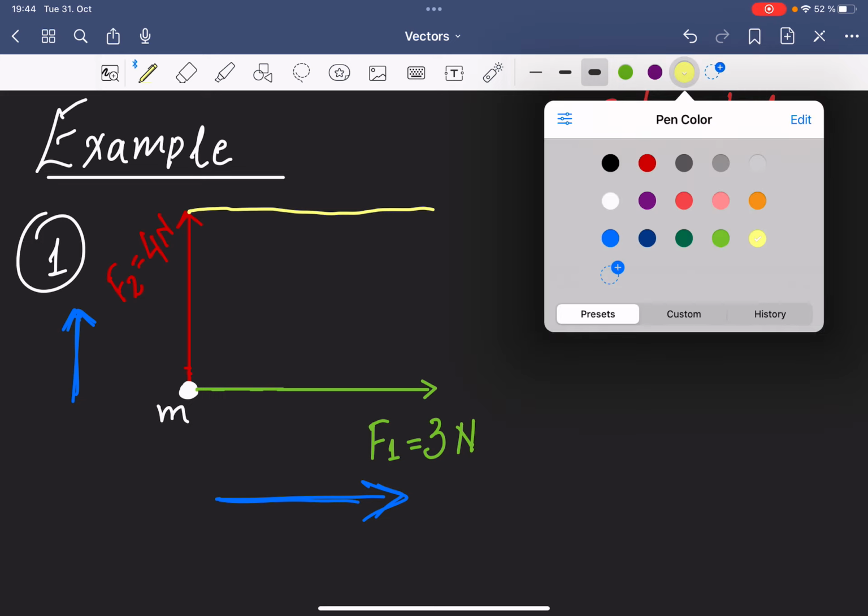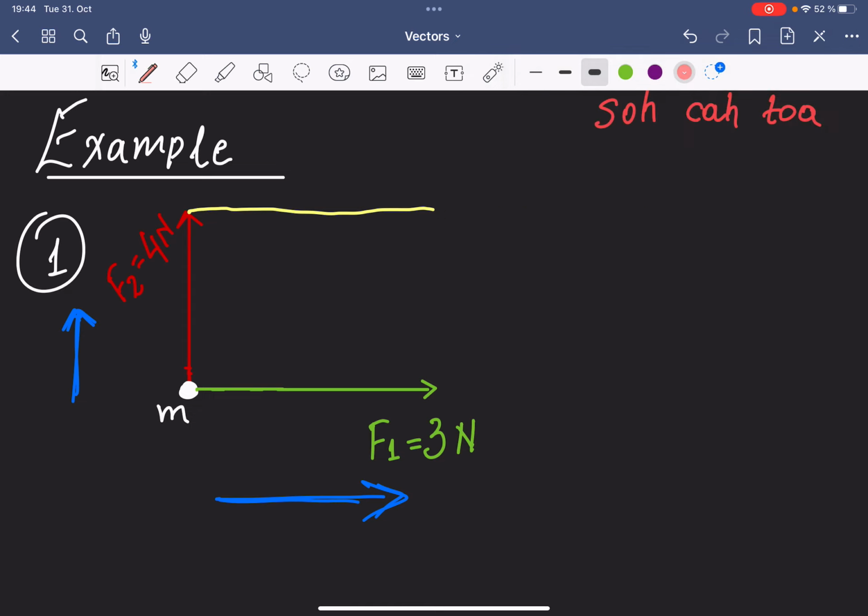And I want you to do the same with F2. So I'm going to take a line with a length of F2 and start drawing it at the very end of F1. And this is going to be parallel to F2.